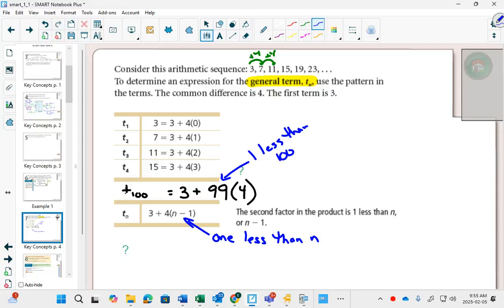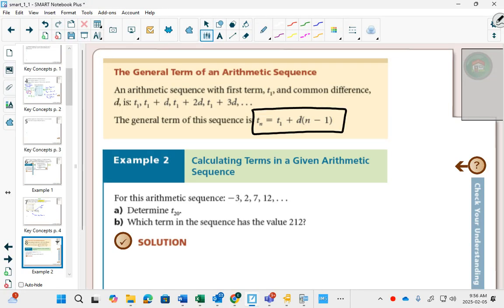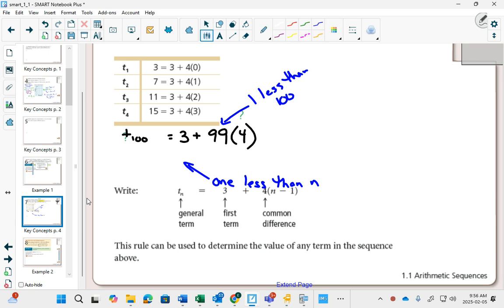Okay? And they take this and actually have your first formula on your formula sheet, which is right here. I'm going to go back to that and show how that formula works.